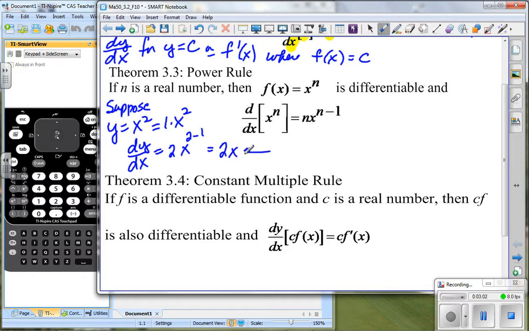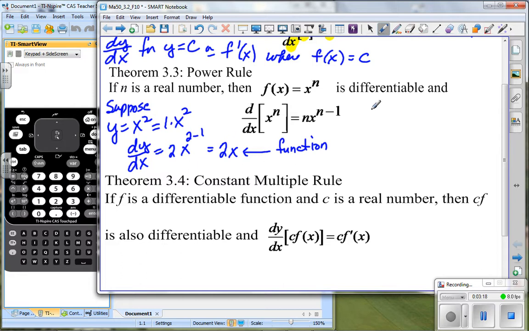Now remember, this is another function. So this is saying that we are able now to find the slope of any line on the x squared curve by using this formula.